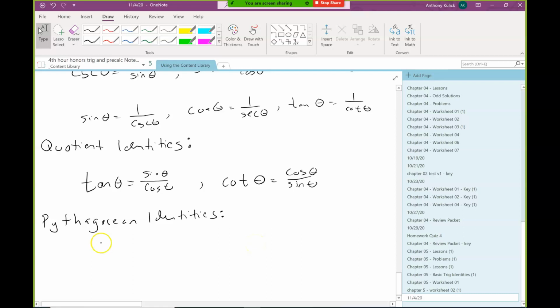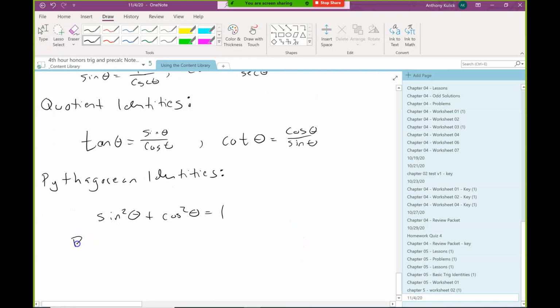Sine is equal to opposite over hypotenuse, and cosine is adjacent over hypotenuse. So that's going to give me opposite squared plus adjacent squared over hypotenuse squared. But what's opposite squared plus adjacent squared equal? Remember, this is all relative to a right triangle.